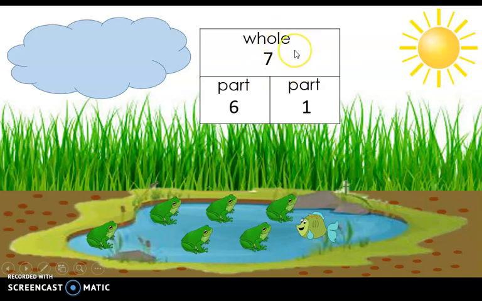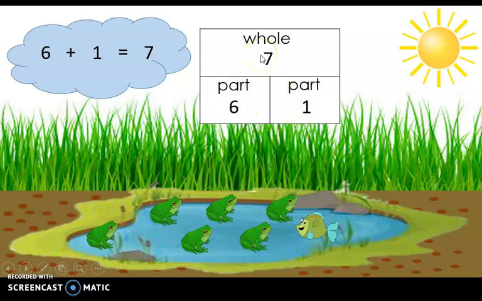Part, part, whole. If I were to write that as an addition sentence, I would write it like this. 6 frogs plus 1 fish equals 7 creatures in my pond altogether. Part, part, whole.